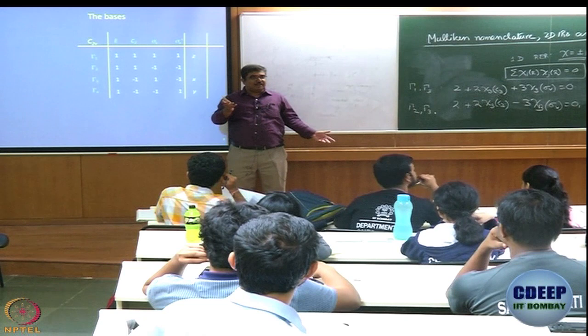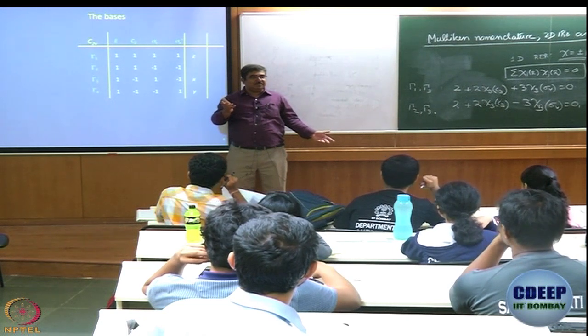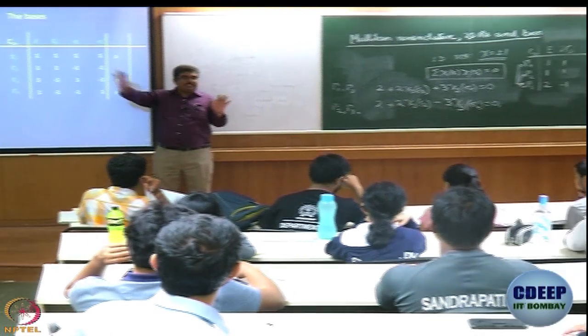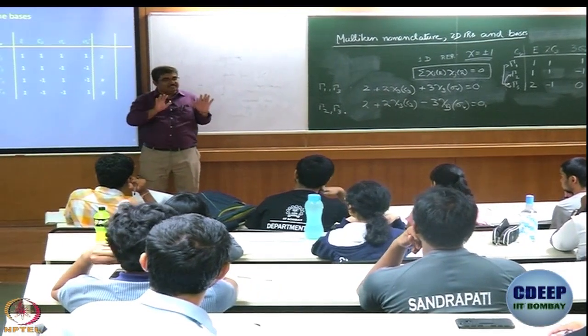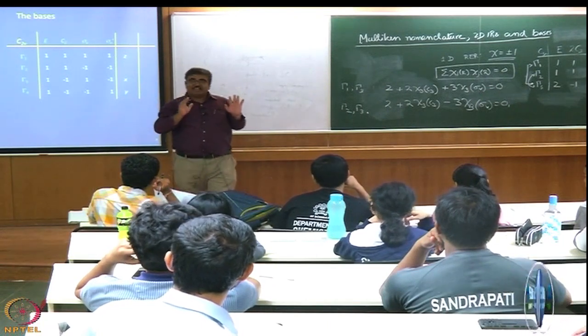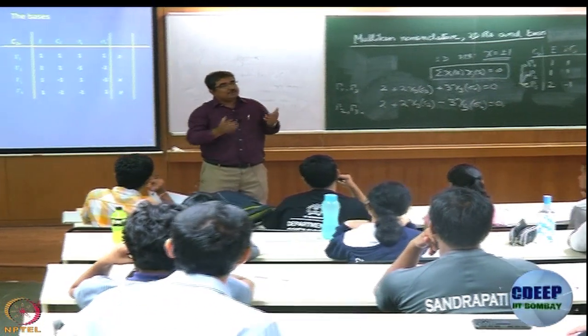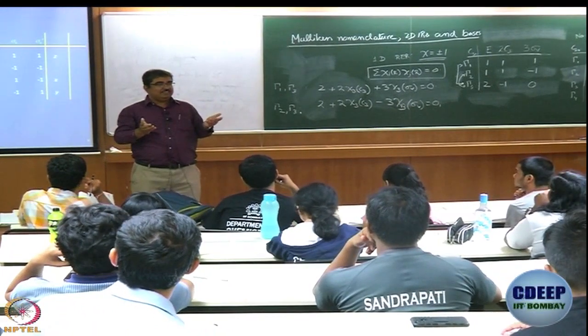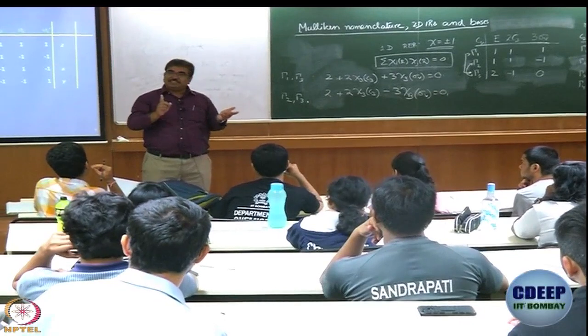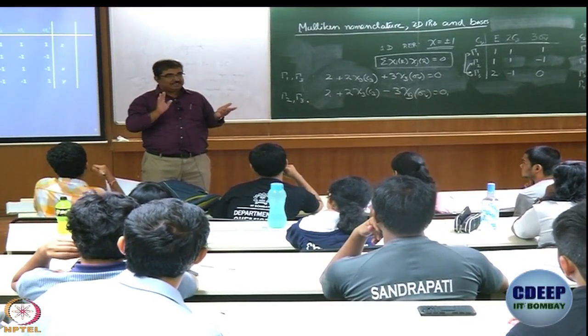How will z square transform? Z square is z into z. I apply C2 on z, it remains z. I apply C2 on the second z, that also remains z. So, C2 operates on z square to give me back z square, character is 1, alright.